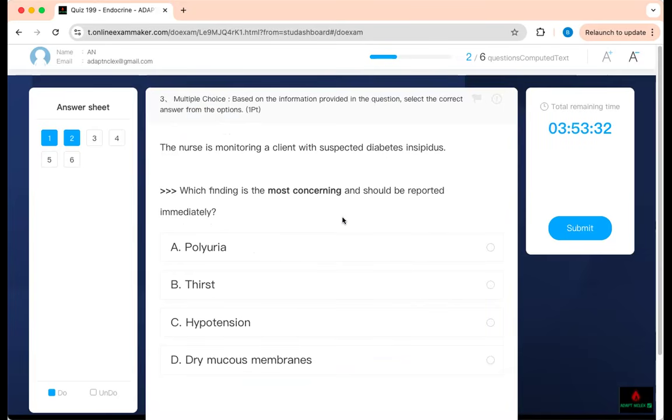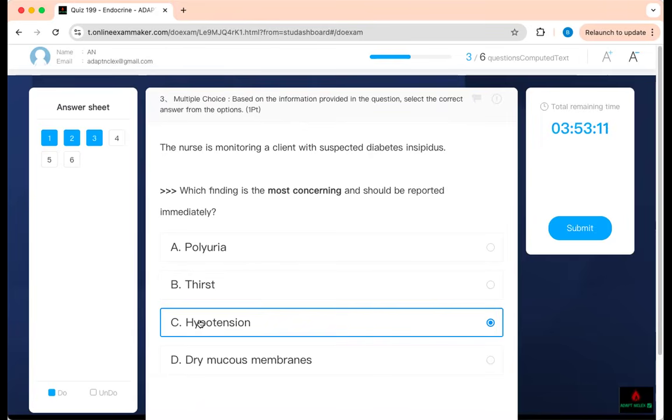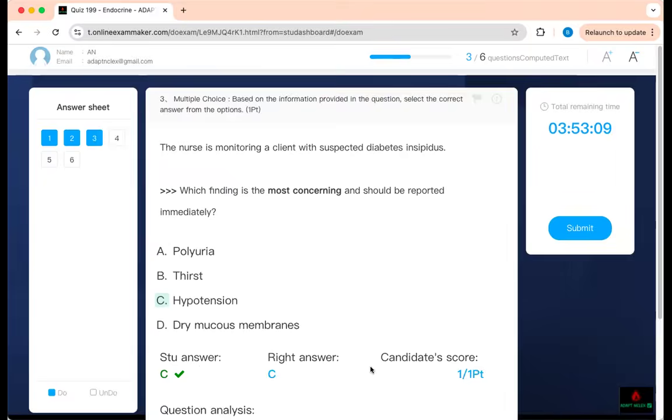I know I'm going to get dehydrated. I know I'm going to have dry mucous membranes. I give you all the signs and symptoms. But which signs and symptoms tell you I'm dying and I don't have time, right? That's the way you approach a prioritization question. Of course, hypotension is bad.